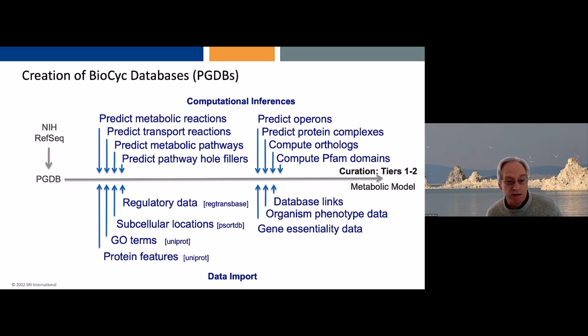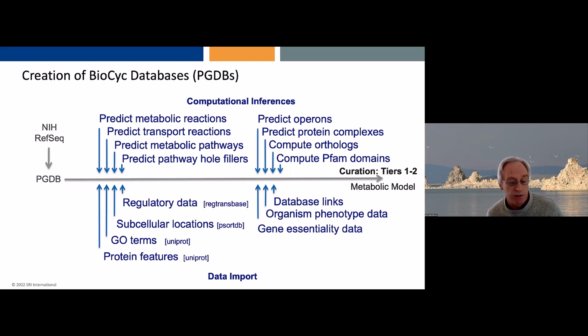We predict operons, and just as an aside, we've developed a new version of our operon predictor that we just released that improves on the accuracy of that task. We also have a predictor for protein complexes that creates new protein complexes in the database that are linked to their subunits.